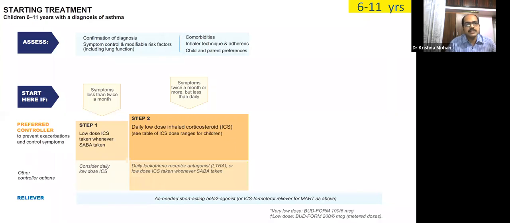SABA here is salbutamol. Previously, before 2020, step 1 was only salbutamol. But now what is advised is that whenever you are taking inhaled salbutamol, you take a low dose inhaled corticosteroid also. So that is step 1.